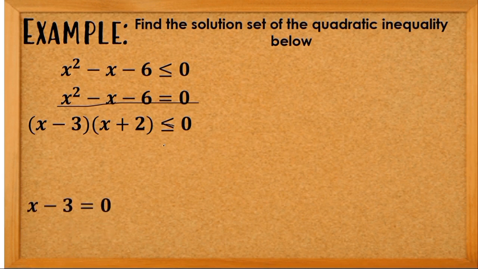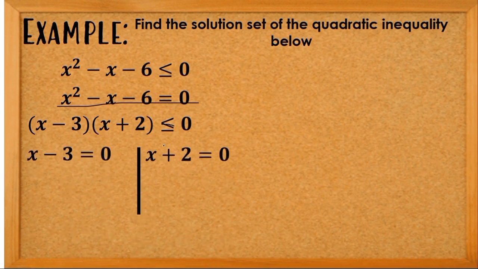Use the zero product property: x minus 3 equals 0 and x plus 2 equals 0. Then transpose: x equals 3, and x equals -2. These are now your critical points of the quadratic inequality x squared minus x minus 6 is less than or equal to 0. Now, let's go back to this point.